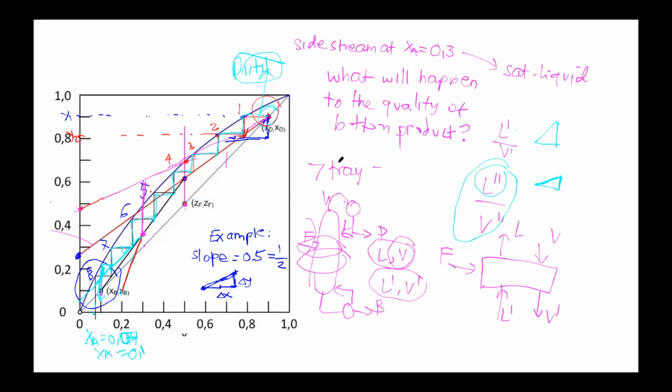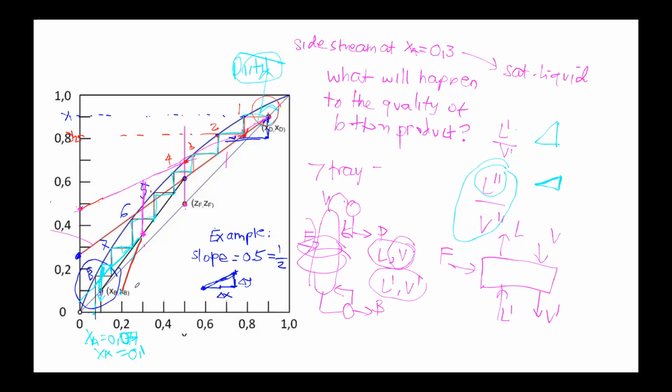But why do you use side stream? Because sometimes you want a particular composition that is similar to the side stream. For example, for this application, we want a product with 0.3.